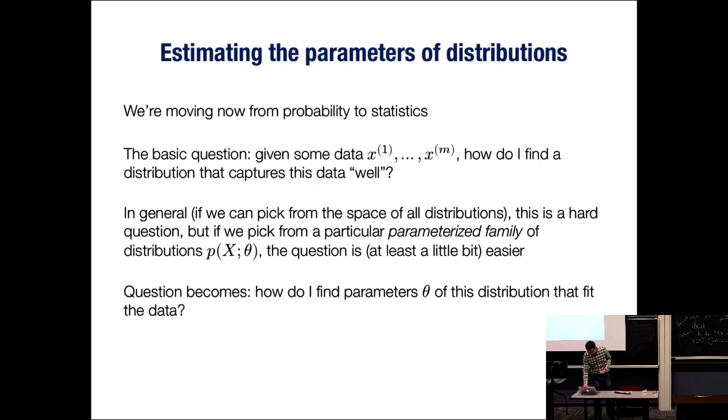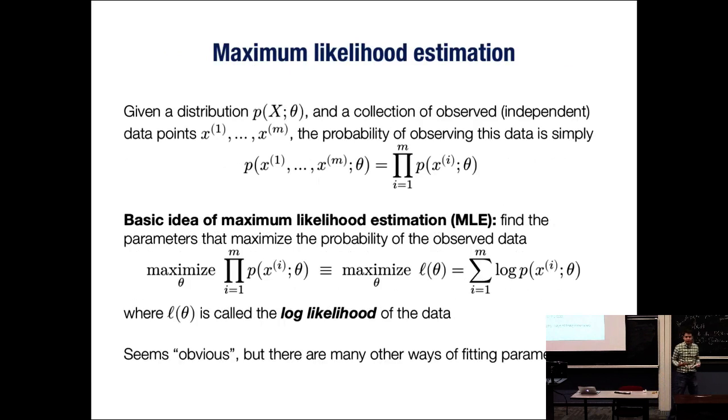This leads us to at least one method for doing that, called maximum likelihood estimation. And I want to emphasize that despite this seeming obvious, it is not the only way you can estimate parameters. There are other ways that are actually arguably just as good. But it's very common, and I think that at least in machine learning, this is by far the most common way you estimate distributions. So the idea is actually very simple.